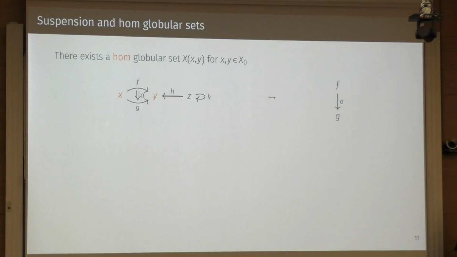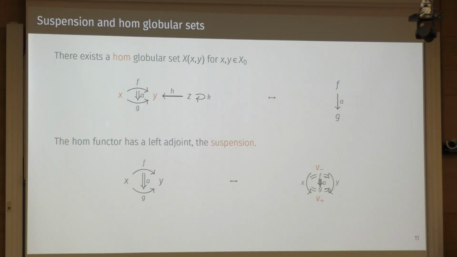And this is functorial. It takes a bipointed globular set into a globular set. And it's easy to check that this functor has a left adjoint, the suspension functor, which shifts all the cells of a globular set up one in dimension, and adds two new points that play the role of the source of all the cells and target of all the cells.